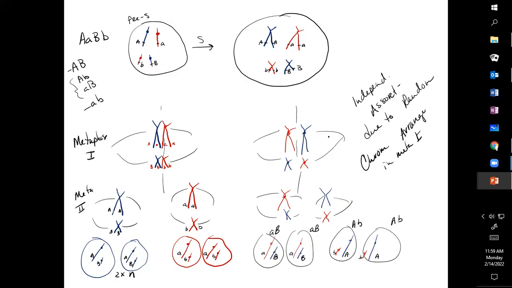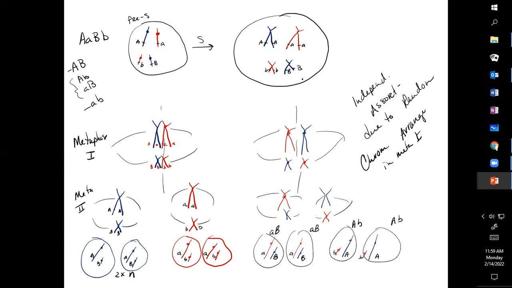They're independent events. So there's nothing that links together the paternals and the maternals. The way they arrange on the metaphase plate is completely random. Therefore, in any one meiosis, you only get 2 outcomes.